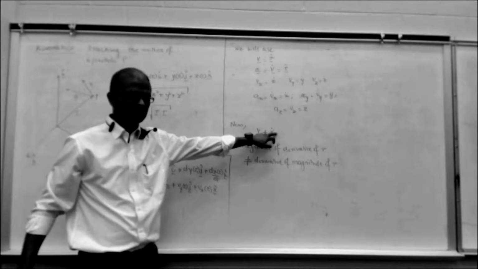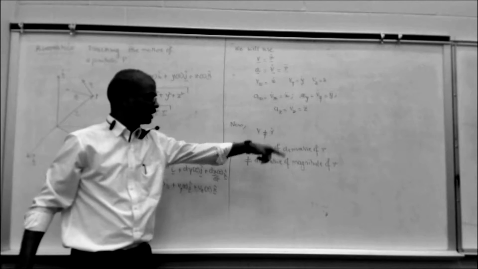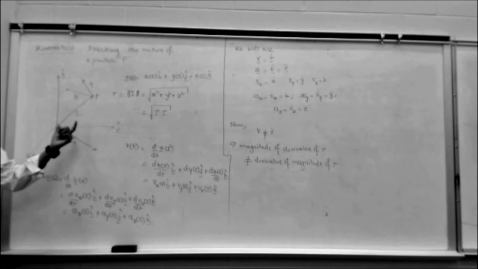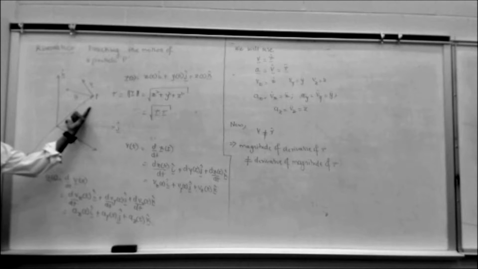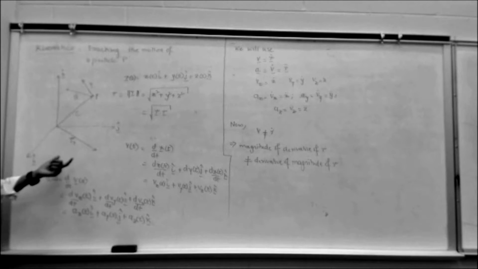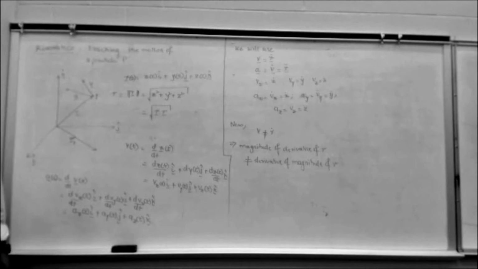Get it? The right hand side will be 0. So you take the magnitude of this, you take the magnitude of this, and you figure out the difference. The derivative. What is derivative? Derivative is essentially difference, right?